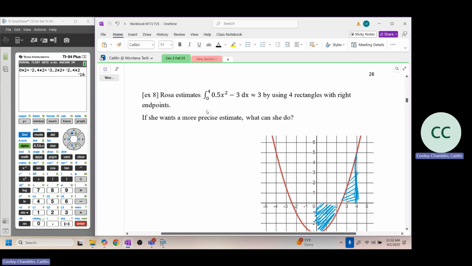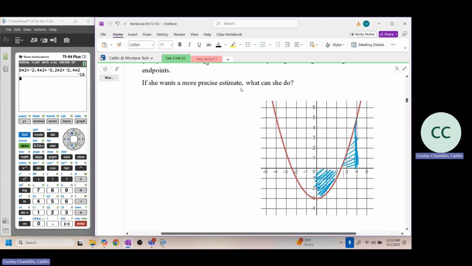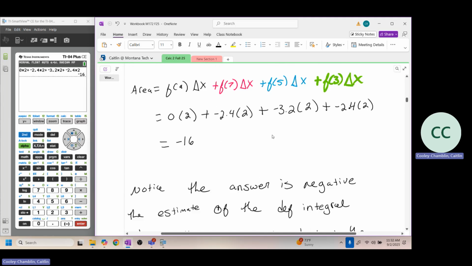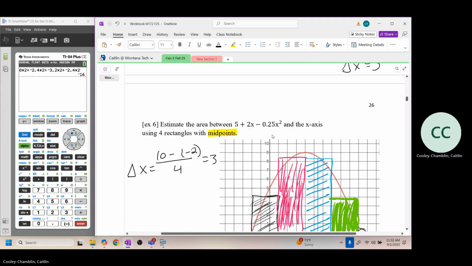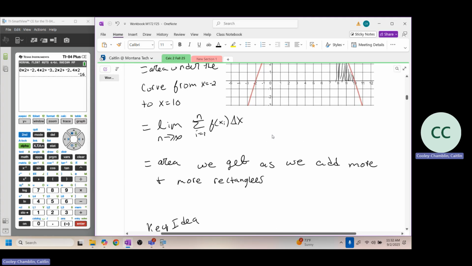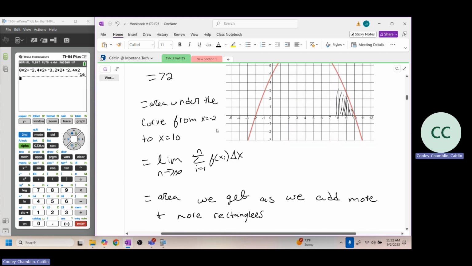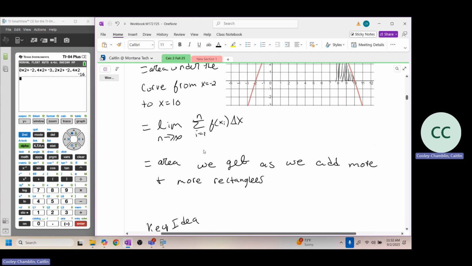And I know you're probably saying, well, why doesn't she just take the integral? We can do that with our calculators. We can use the fundamental theorem of calculus, but we just want to estimate. So what we said before is, we talked about what our calculator is doing when we're doing this, and we got the precise area under the curve.